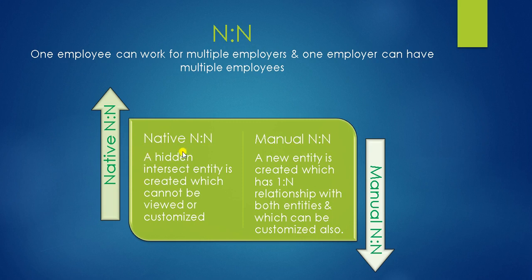In native n:n, a hidden intersect entity is created which cannot be viewed or customized. And in manual n:n, a new entity is created manually which has 1:n relationship with both entities and which can be customized also. I will show you individually for native as well as manual n:n relationship. So let's continue.